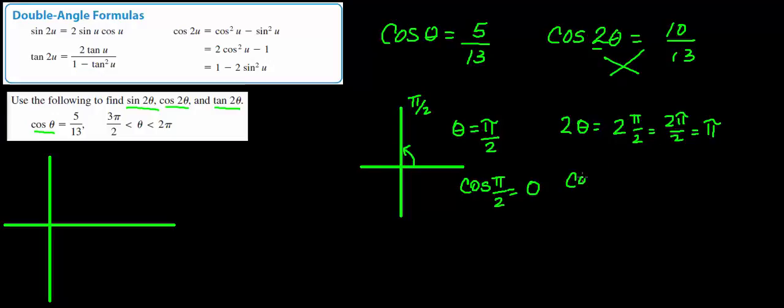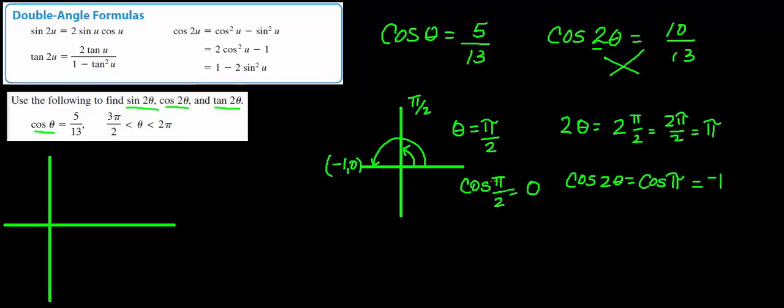So now when I look for the cosine of 2 times theta, which is the cosine of pi, how much is the cosine at pi? The cosine at pi is equal to -1, because these are the coordinates when we have our unit circle. So this is important.